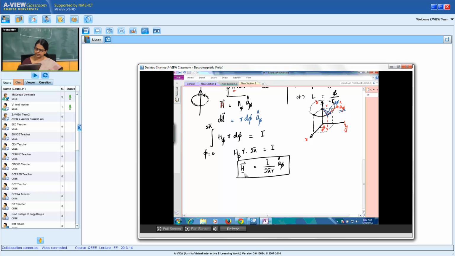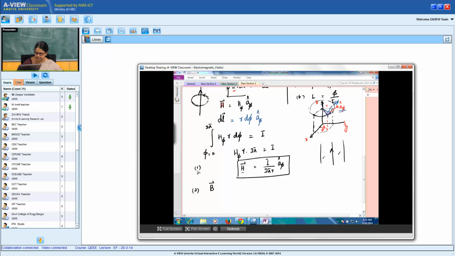Now, as we said earlier, this magnetic field intensity does not depend on what is the material between the inner conductor and the outer conductor. It does not depend on the material. Whereas the flux penetration should depend on what is the nature of this material, whether it's magnetic, non-magnetic, etc. So that is flux density. We are going on to the second step now.